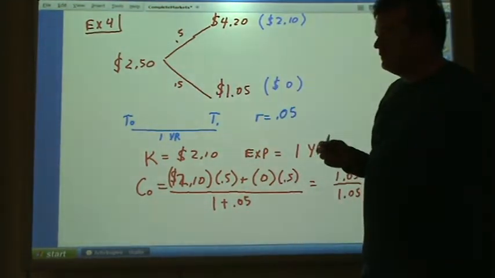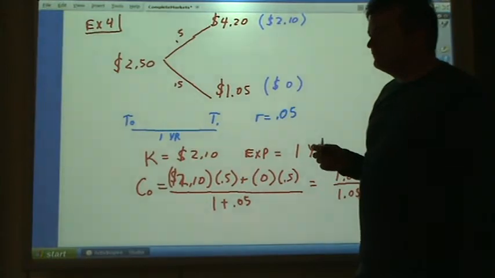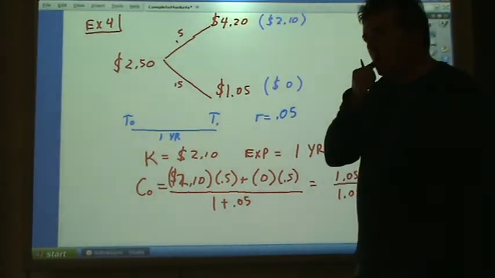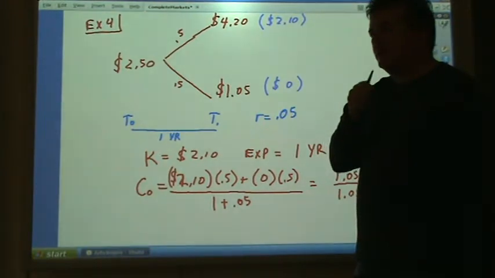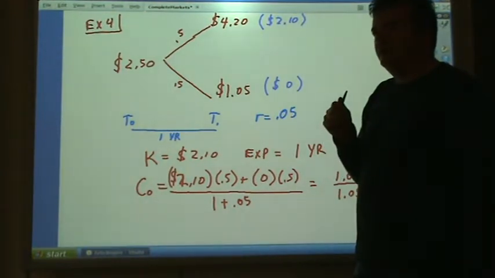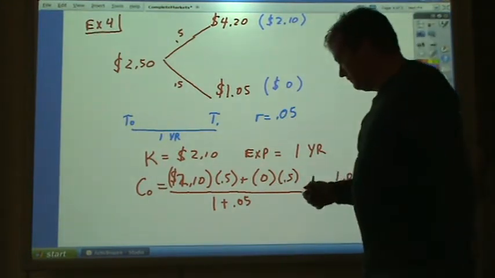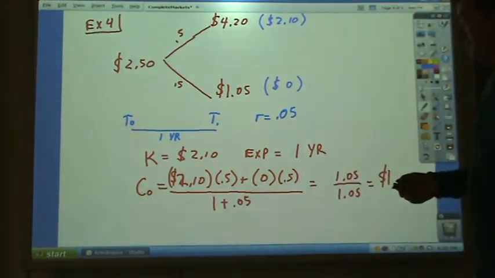What would that be? 262.5, right? 263 would be the half. 262.5, and then discounted back.